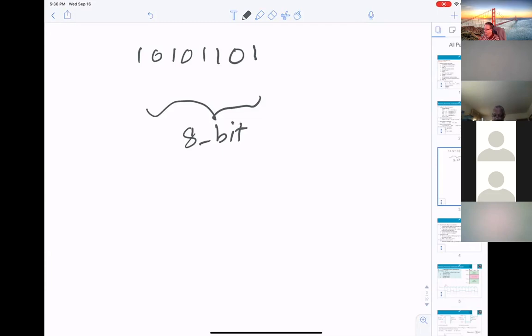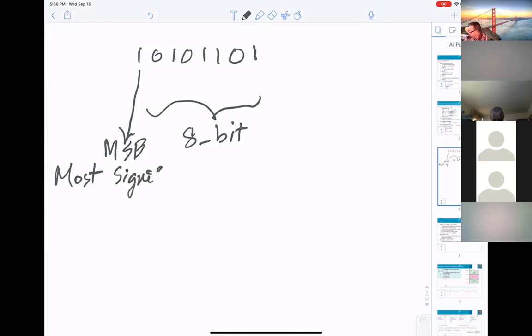And by definition, the leftmost here they call MSB, that means most significant bit.